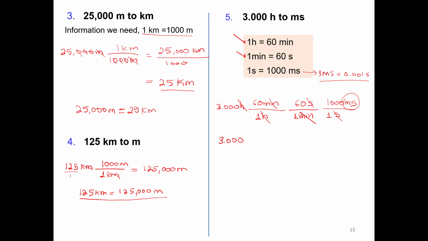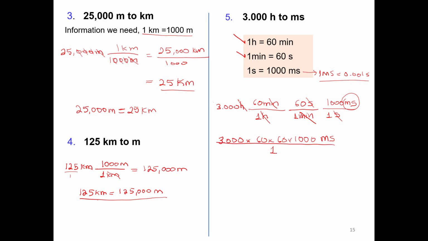Then multiply by 60, multiply by 60, multiply by 1000, and here the answer is in milliseconds. 3.00 times 60 times 60 times 1000, over 1 times 1 times 1, so it's over 1. No units, because all these units cancel out.